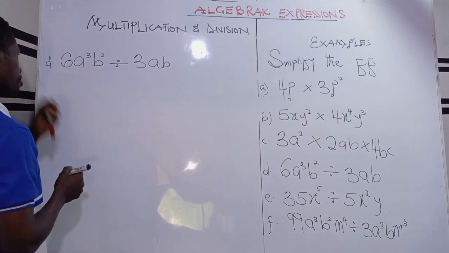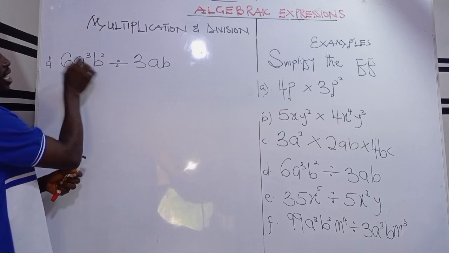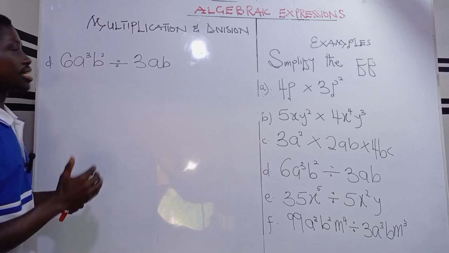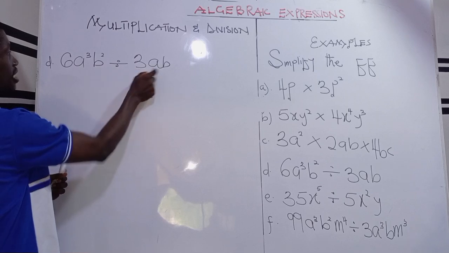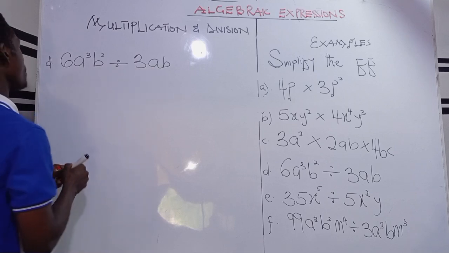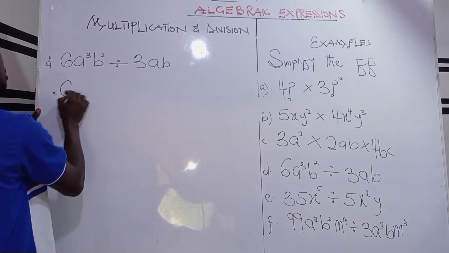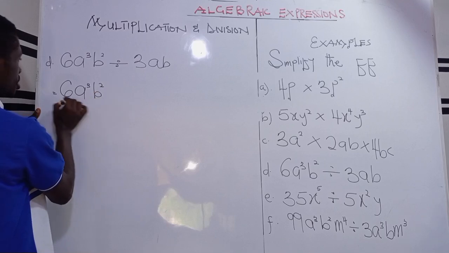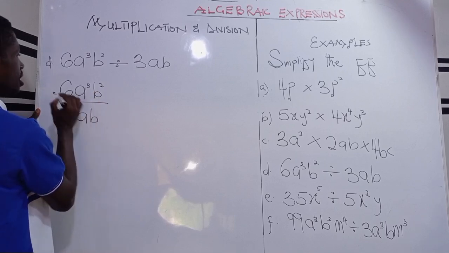Now with this, since we are dividing, we are going to divide the numbers and then we divide the same letters together. It follows the same approach like the multiplication. So you know that this can be written as 6a power 3 b power 2 all over 3ab.